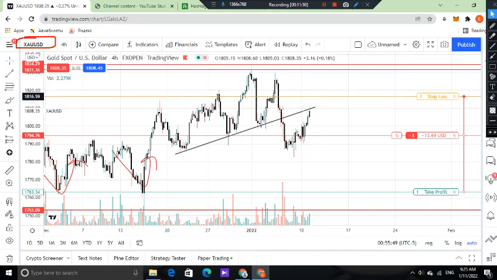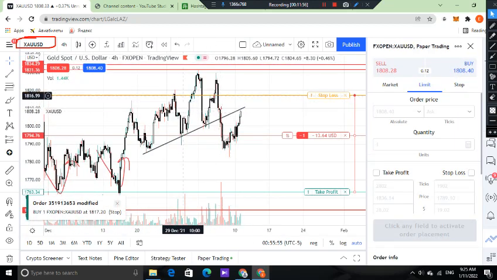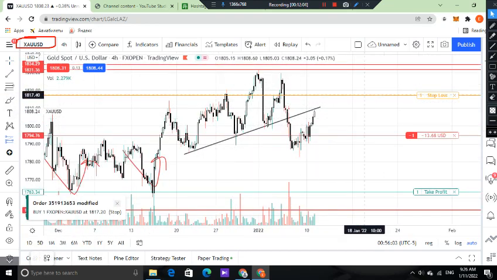We can move it higher at this pullback or this level. Yeah, it's better. I think it's fair.